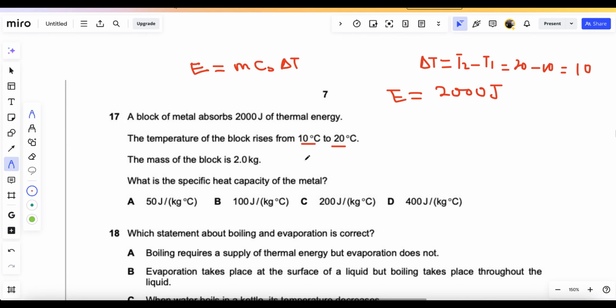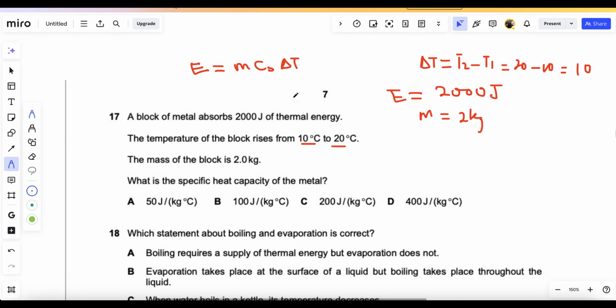The mass of the block is 2 kg, so you write your m as 2 kg. Now, what is the specific heat capacity of the metal?